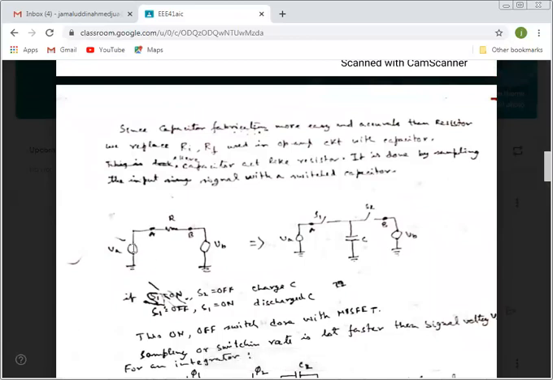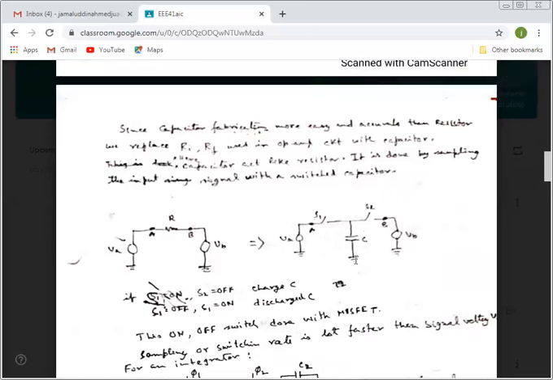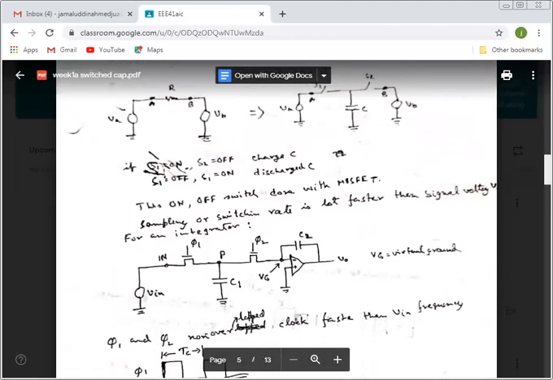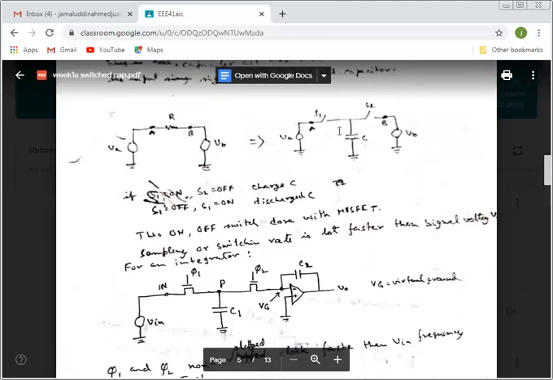Here, there are two supplies, VA and VB, across resistance R, points A and B. So this one is done by replacing this resistance with a capacitor connected to the ground, adding two switches, S1 and S2. These S1 and S2 switches work in two phases.